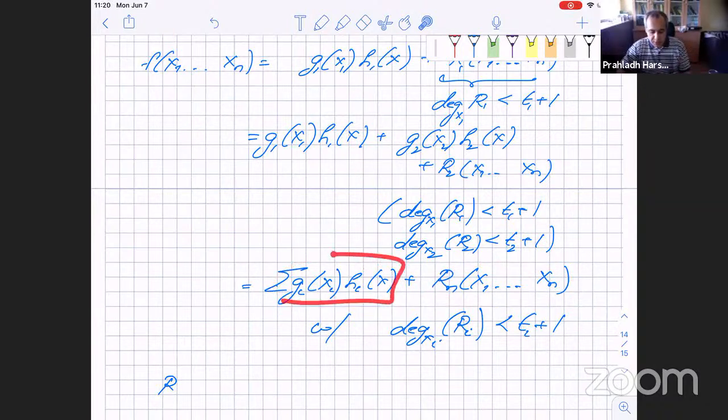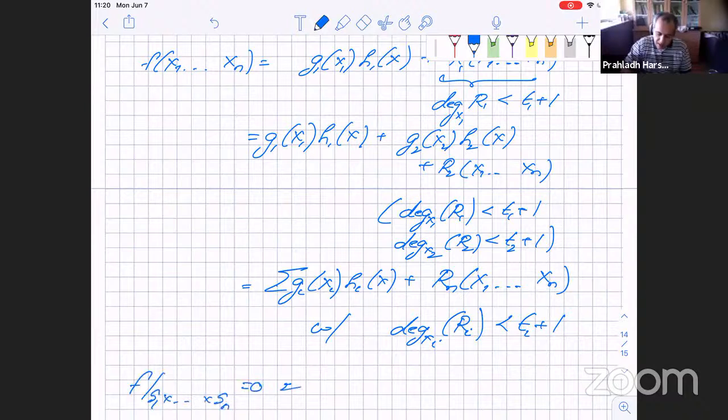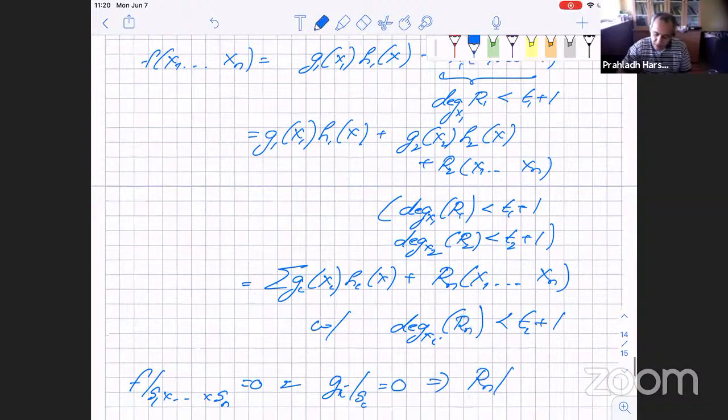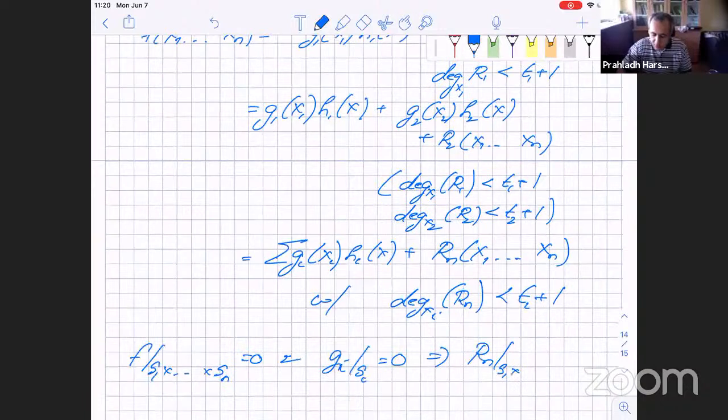All I want to say is that f restricted to S1 cross ... cross Sn is 0, and g_i is 0 on the grid, and that implies that R_n on the grid has to be 0.